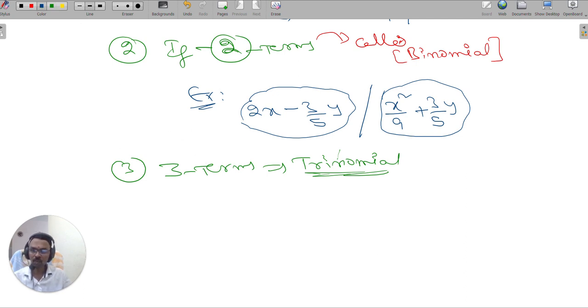So that means monomial, binomial, trinomial, then four terms. Now we get the definition of polynomial.